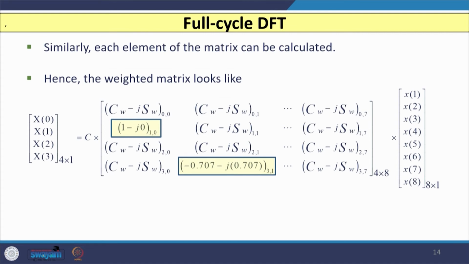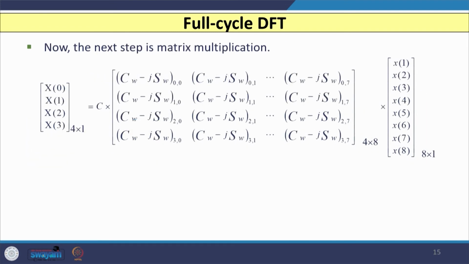Similarly, you can calculate each element of the weight matrix, and if you put all the values in, the weight matrix looks like this. You can see that in the last element we have obtained Cw as minus 0.707 and Sw as 0.707. We can put these values here, and this is how you obtain the weight matrix.